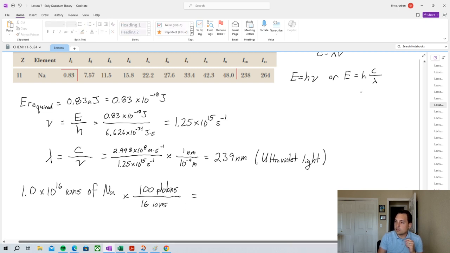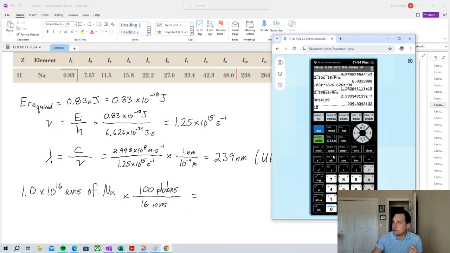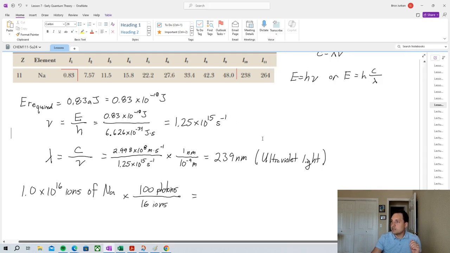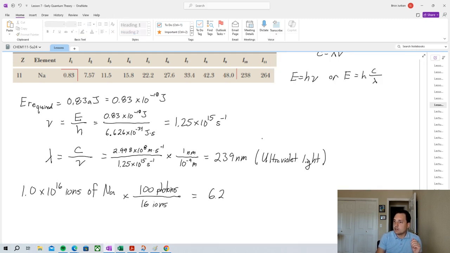And it's essentially dividing by 16%. If we did it the other way, it wouldn't make sense. It would mean that we'd require fewer photons. So here we find that we need at least 6.25 times 10 to the 16 photons of this UV light.